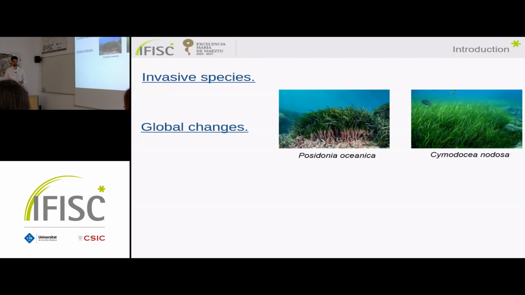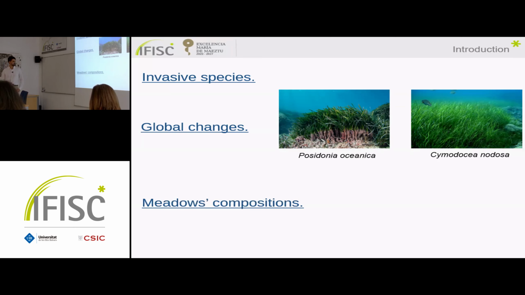So in a scenario where heat waves or, in general, the temperatures of the sea are growing, a much more tolerant species can substitute Posidonia oceanica in some regions. And the interaction between these two plants, which do not mix in mixed mediums, at the interface could be important to understand how the system will evolve.